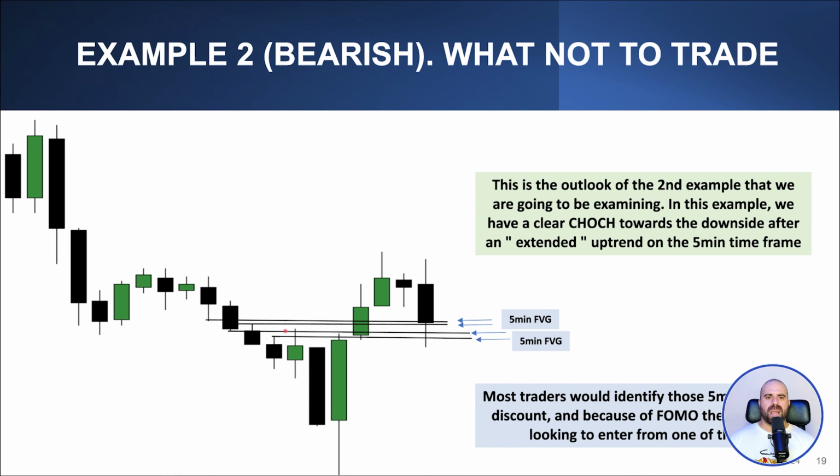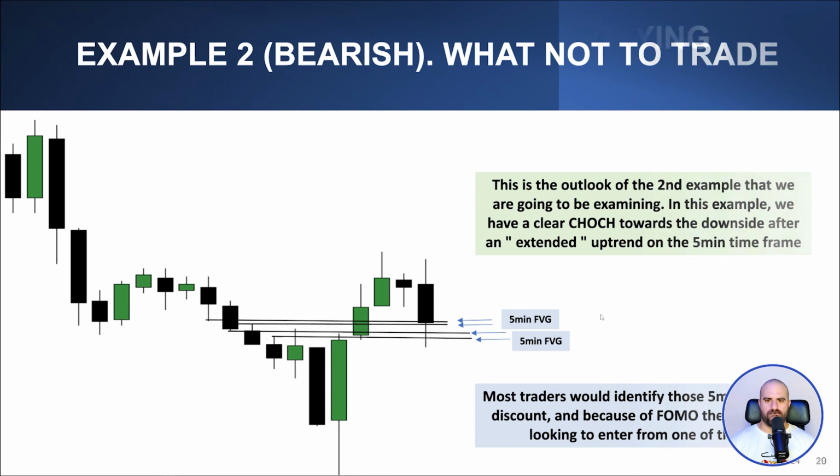So here we have leg number 1 and leg number 2 and the retracement. Most fear of missing out traders would be entering from these fair value gaps of the 5-minute time frame that you see right here. We have 2 such fair value gaps. They would be entering short.